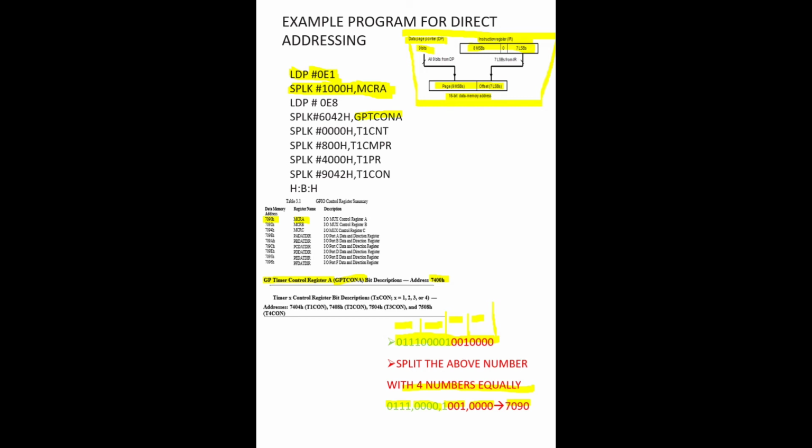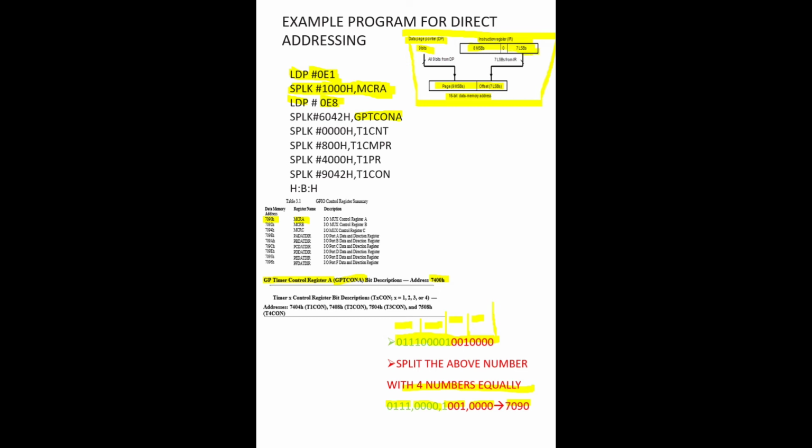So how to frame the 7400? First take that 0E8. Write that 0E8 as 9 bits because you will be loading 9 bits in the data page. So write 0 1110 1000, which is nothing but your 0E8. The 7 bits I will get in the instruction register.